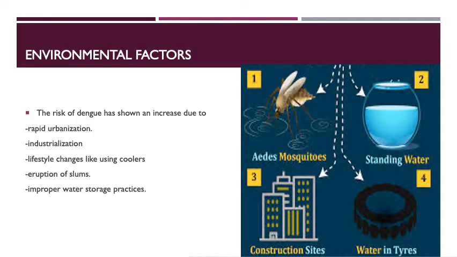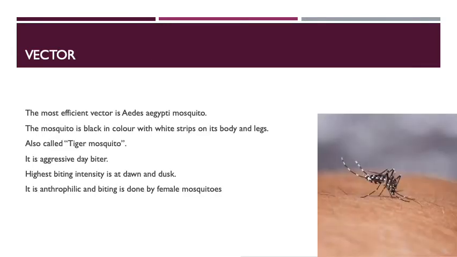Now, coming to the environmental factors, the risk of dengue has increased due to rapid urbanization, industrialization, lifestyle changes like using coolers, eruption of slums, and improper water storage practices. Coming to the vector, the most efficient vector is the Aedes aegypti mosquito.